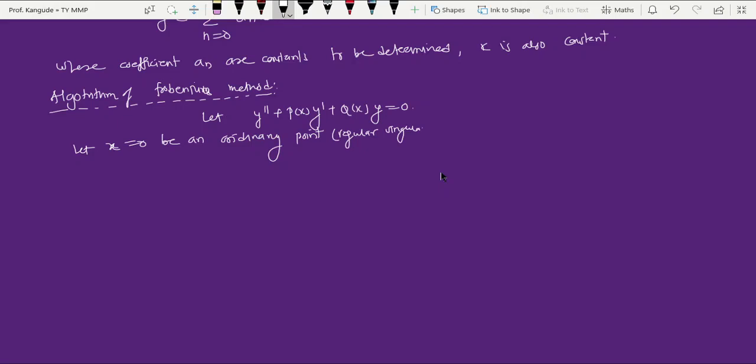It can be either of these, ordinary point or regular singular point. Therefore, according to the first theorem, we can get at least one power series solution.